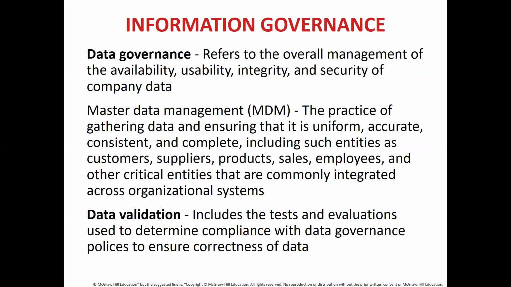How does it manage? It looks at availability, which means whether the data is available on a timely basis or not. It looks at usability, how easy it is to use. It looks at integrity, which deals with accuracy or correctness. And security, that means how secure is the data in terms of unauthorized users using it.